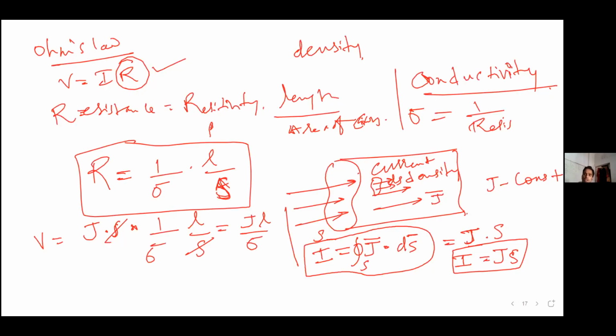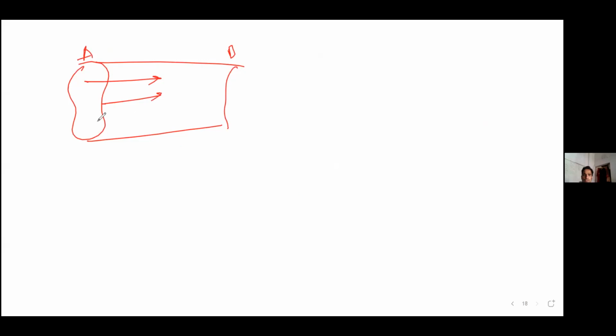Now we have also seen, if this is a conductor where the current is flowing, and this is point A, suppose this is point B, and this is the current density vector. Because there is a current flow, there will be a potential difference between point A and B, and that is why there is a potential drop. Why?